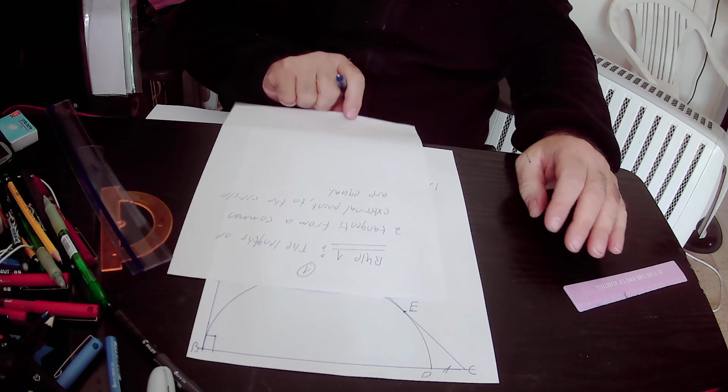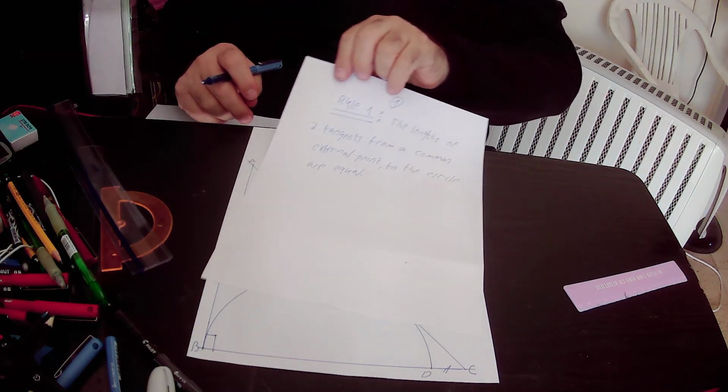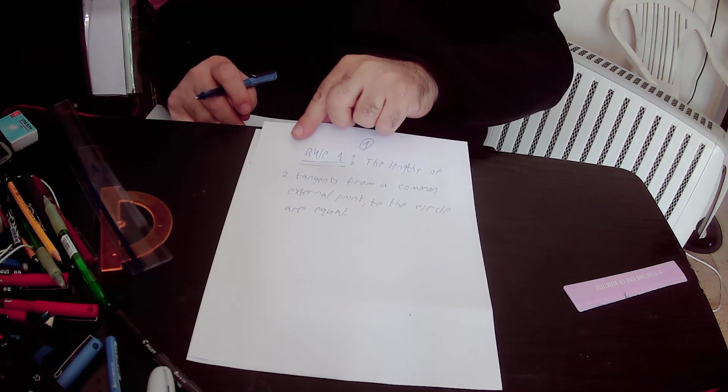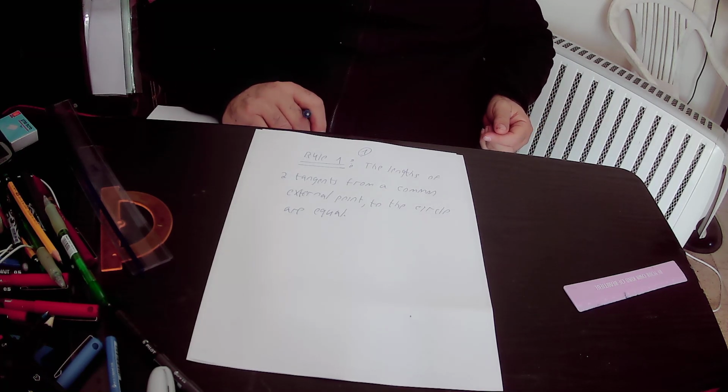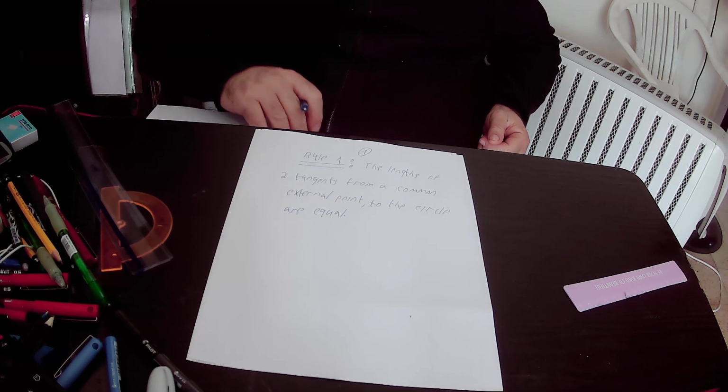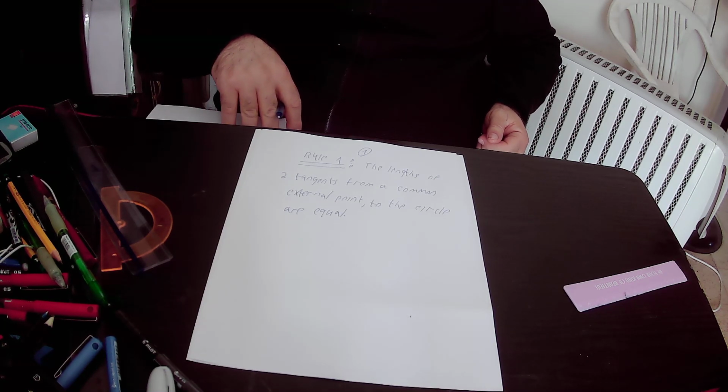I will read rule number 1 again. We can also call it the two tangents theorem. So according to rule number 1, the lengths of two tangents from a common external point to the circle are equal. So what is the meaning of rule number 1?